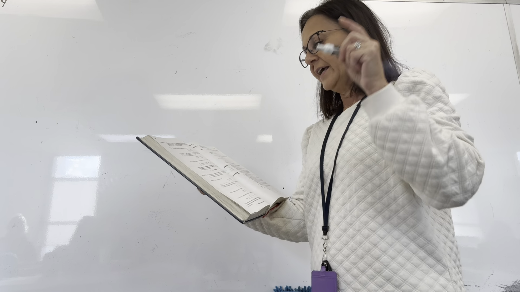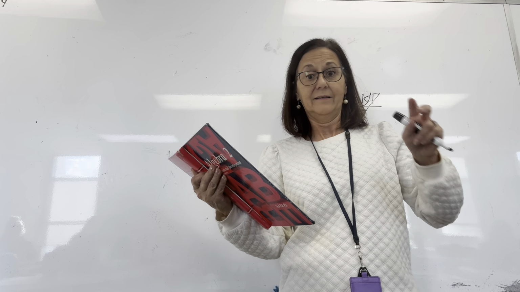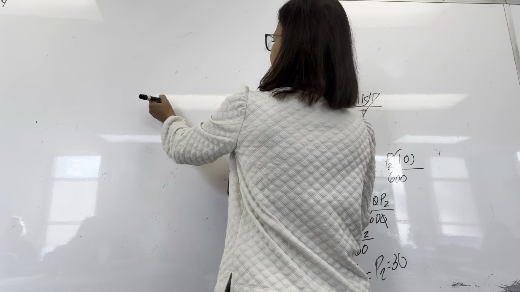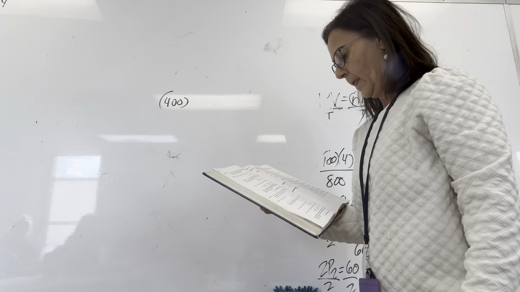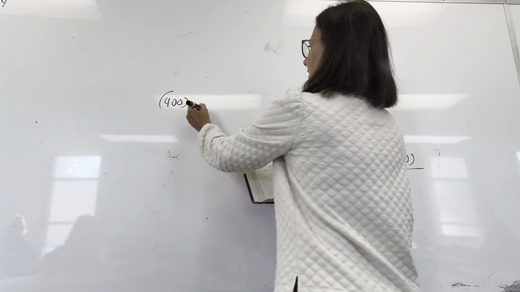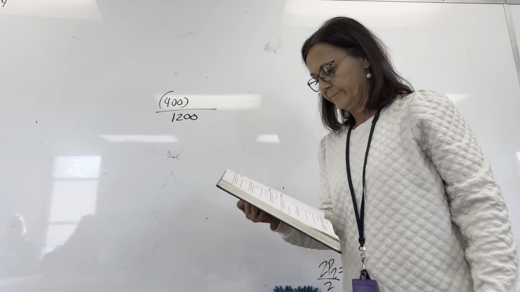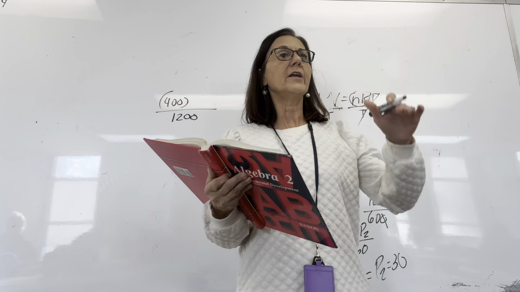All right. Example 2. The initial pressure. So that's my PV over T1. Got it? The initial pressure of a quantity of gas is 400 newtons per square meter. And the initial temperature, temperature's in the denominator, was 300 kelvins. The volume was held constant.